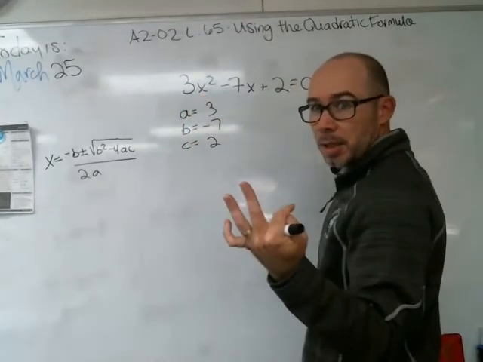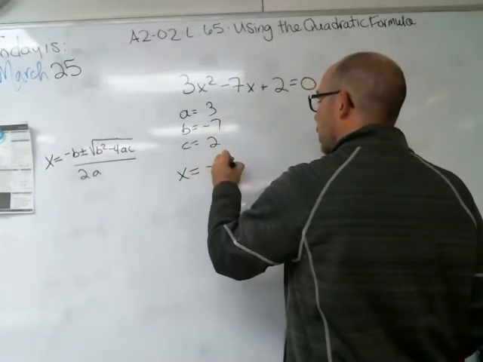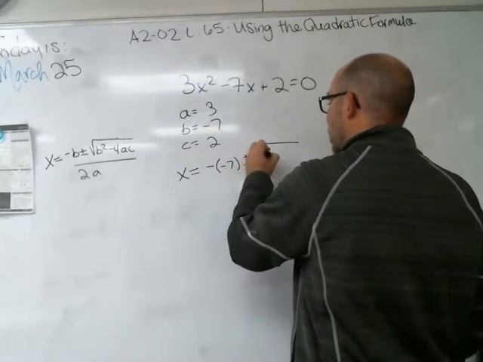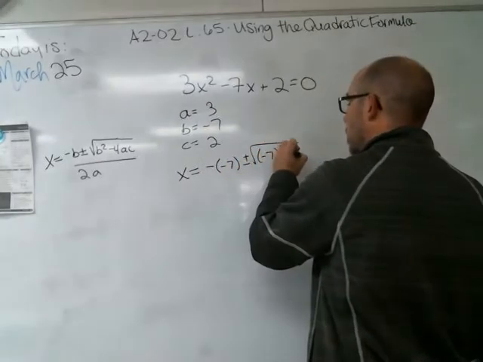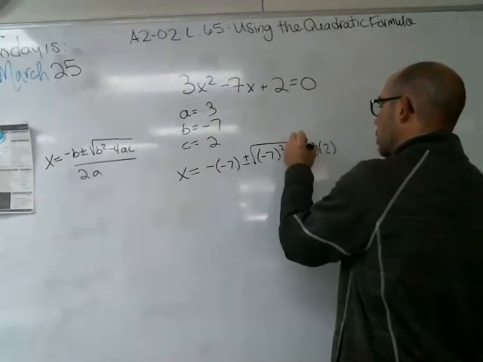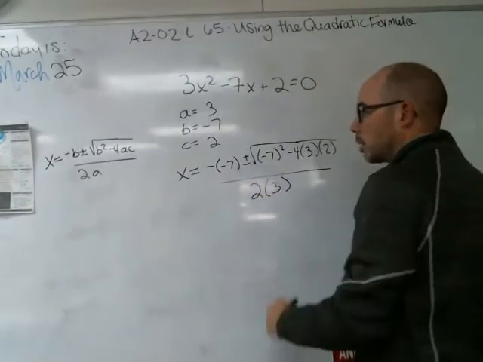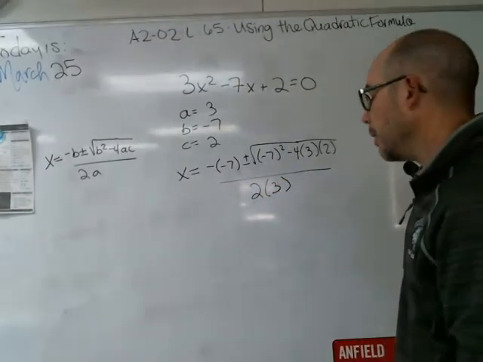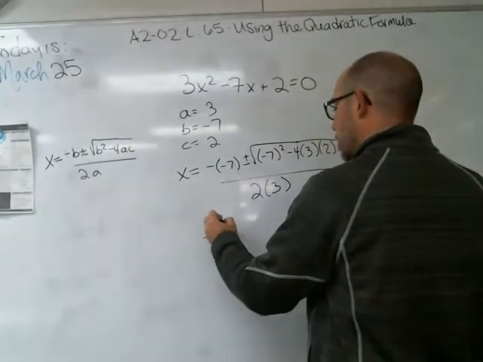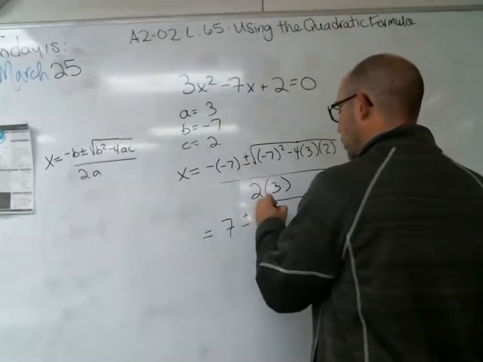Step 3, plug it into the formula. X equals negative 7 plus or minus the square root of negative 7 squared minus 4 times 3 times 2 over 2 times 3. Okay, now we just start crunching the numbers here. X equals, that's a 7 plus or minus square root of 49.